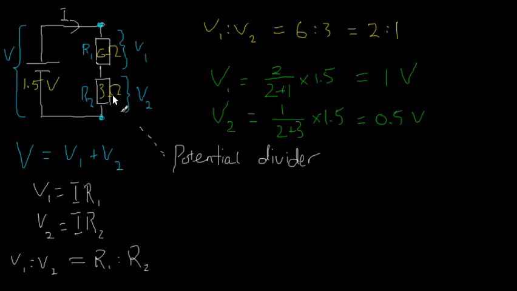Now this makes it useful if we want to provide a particular voltage, or adjust the voltage. For example, if I go to the shop and buy a battery, I would almost always see 1.5 volts. I might see maybe 9 volts or some other specific values.